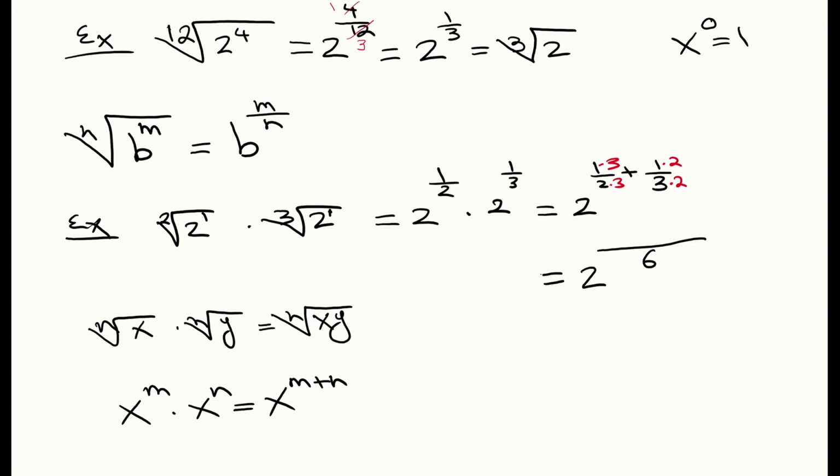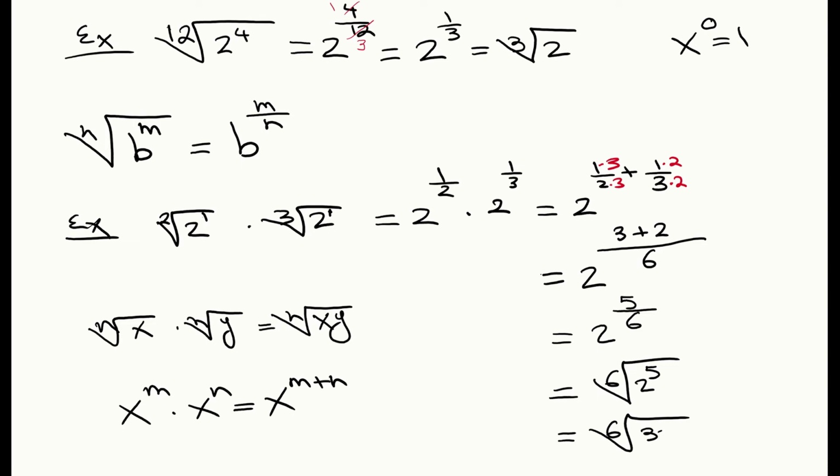So we end up with 3 plus 2 on the top, and that's going to be 2 to the power of 5/6, which we can now write as the 6th root of 2 to the 5, or the 6th root of 32.